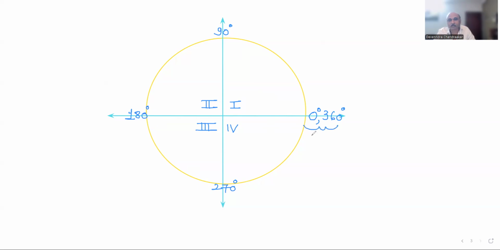These angles are called reference angles. So now we know that every quadrant lies between two angles, and one of them is greater than the other.